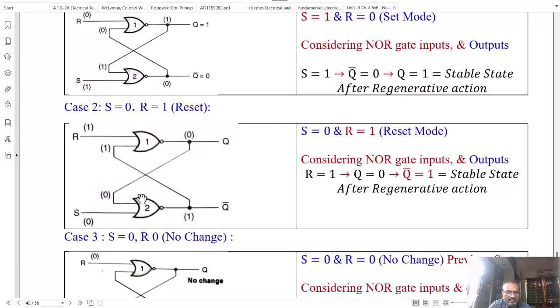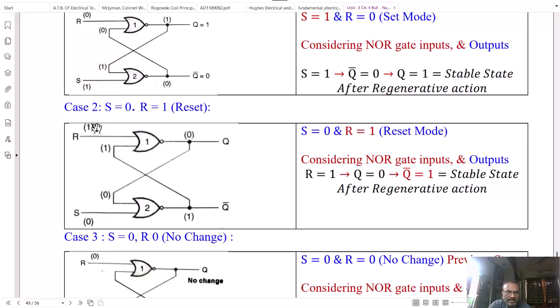S is already 0 and this Q output is also going to 0. Therefore, the lower NOR gate output is 0 OR 0 complemented, and so the Q bar output goes to 1. Therefore, when R is equal to 1 and S equal to 0, the Q output will be 0 and the Q bar output is 1.